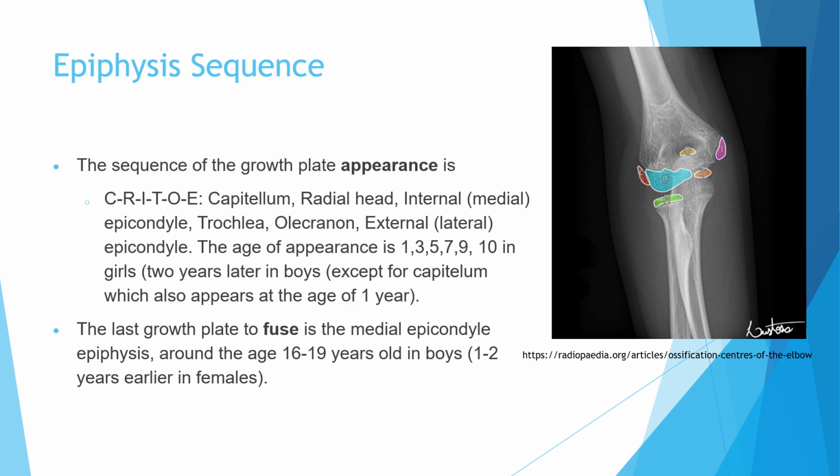So in girls it will appear at 1, 3, 5, 7, 9, 10. In boys it will appear at 1, 5, 7, 9, 11, and 12, or it can go only 1 year after the female. Remember that the physis between the medial epicondyle and the humerus is the last to fuse. It fuses in boys at around 18 years old and 2 years earlier in females.